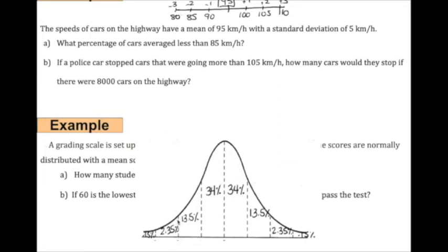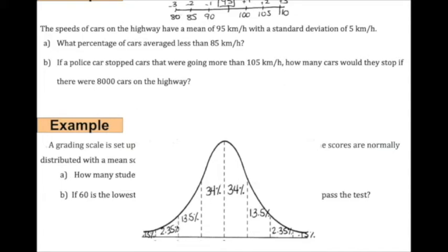The question is asking for the percentage of cars averaging less than 85. This is the mean, this is minus 1 standard deviation away, and this is minus 2 standard deviations away.